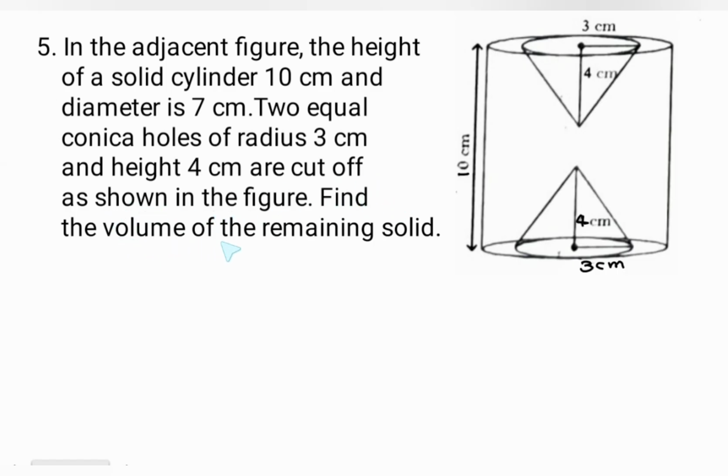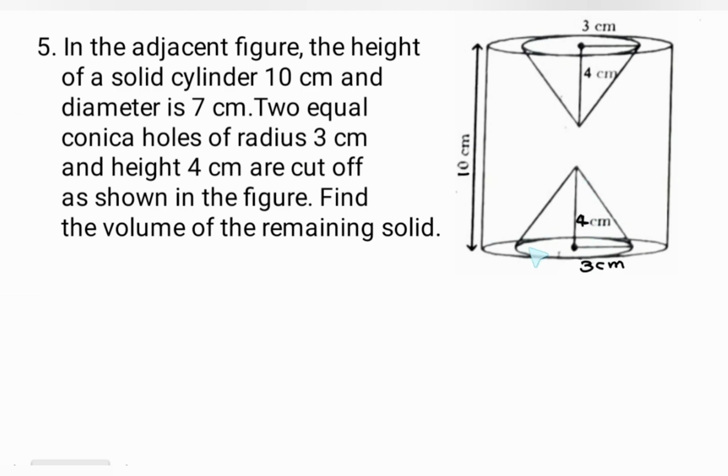Find the volume of the remaining solid. Now look here. The volume of the remaining solid is the volume of the given solid, this total one, minus the volume of the two conical holes.